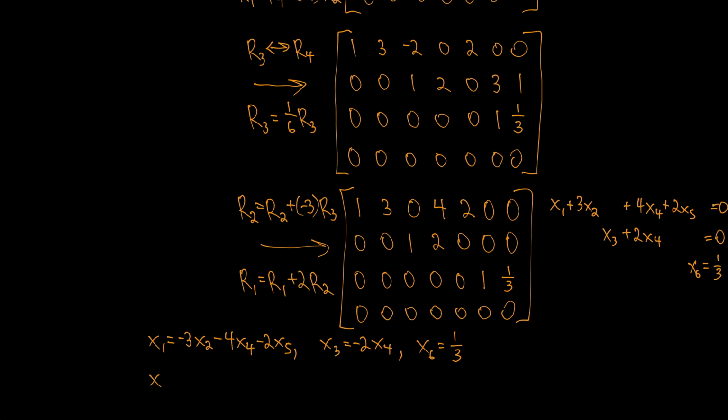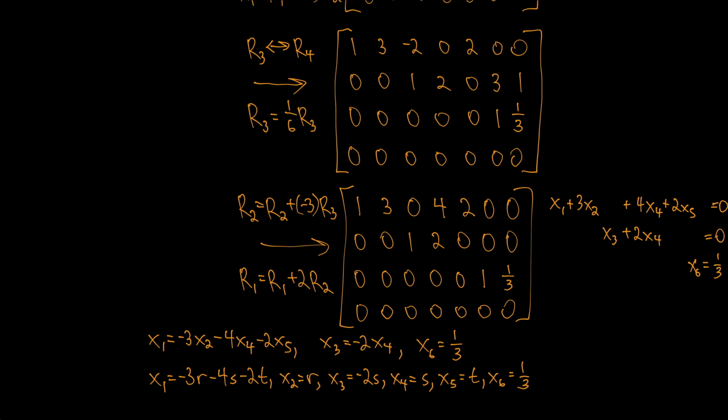So that would make x1 equal to negative 3r minus 4s minus 2t. x2 I said will be r. x3 will be negative 2s. x4 will be s. x5, my other free variable, my last one of the three, will be t. And then x6 is still 1/3. And that's my solution. Let's move on.